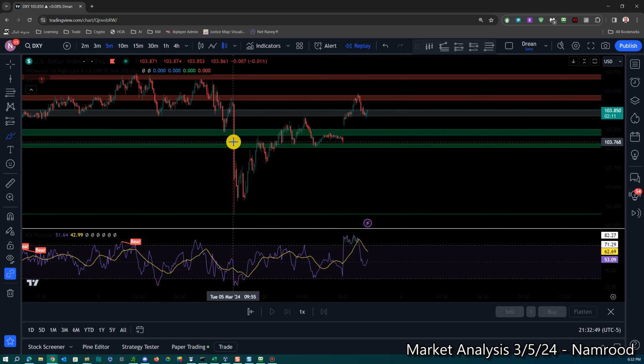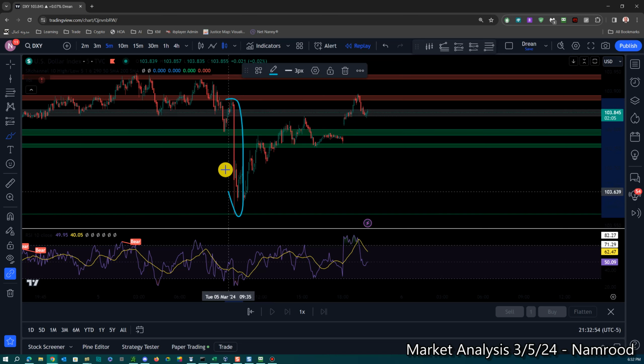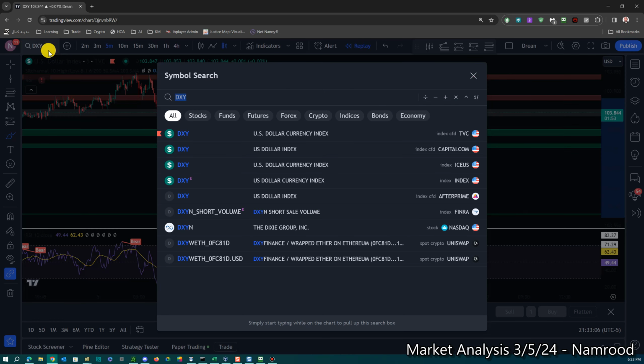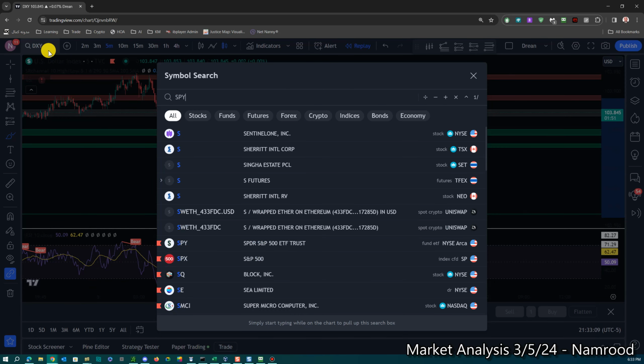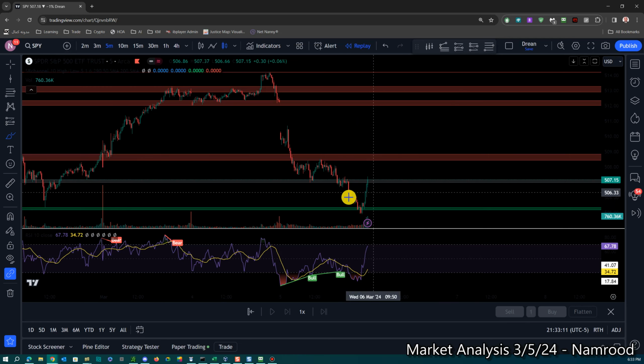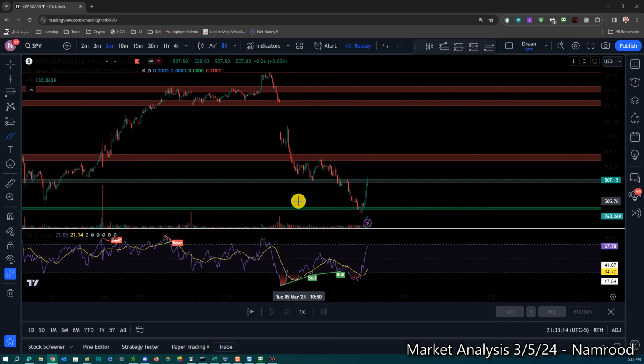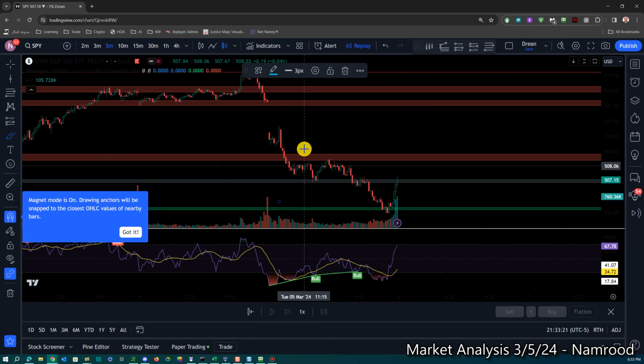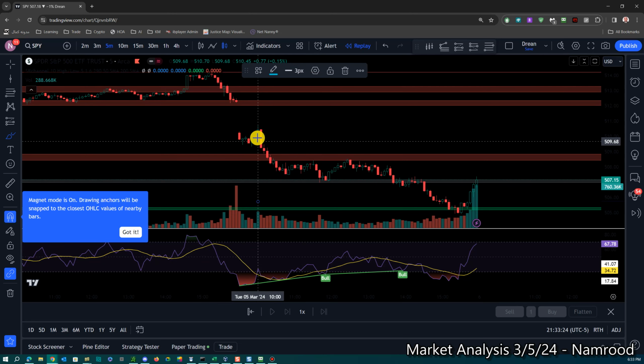I'm sure that at this specific time, with this big, huge red candle, something happened in the market. And you want to test this? Let's see. This was on March 5th at 10 a.m. Okay, let's go. Let's see, SPY, March 5th, 10 a.m. Nothing happened really, but a very big candle here.